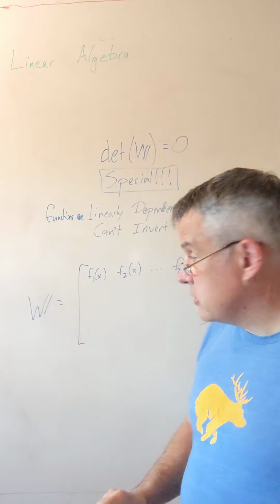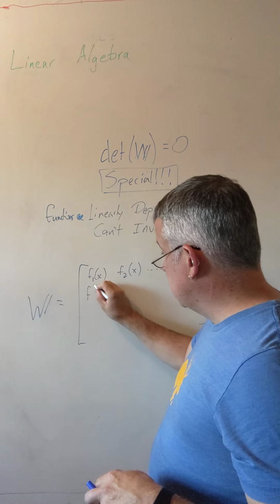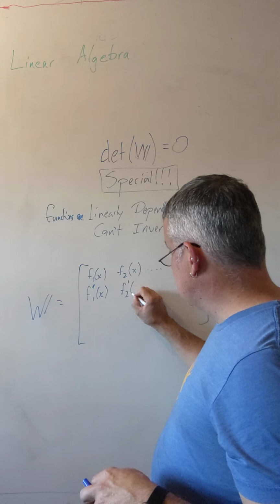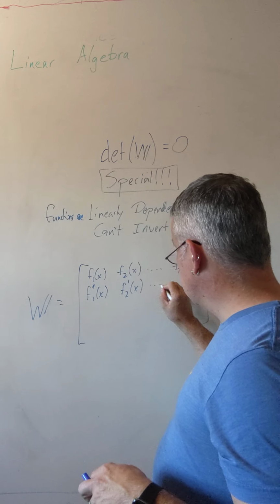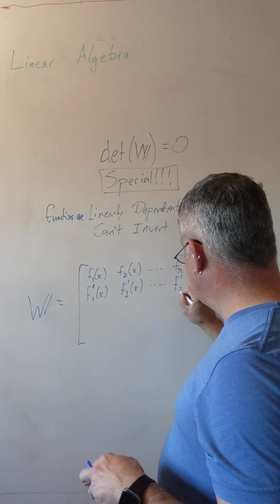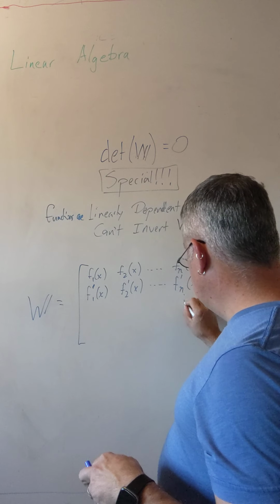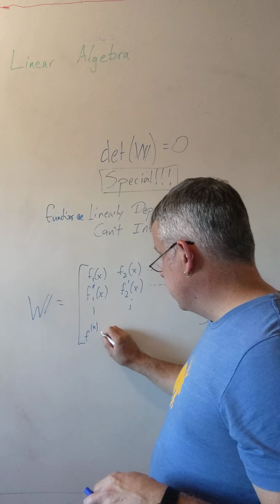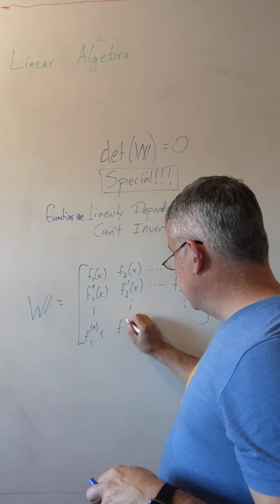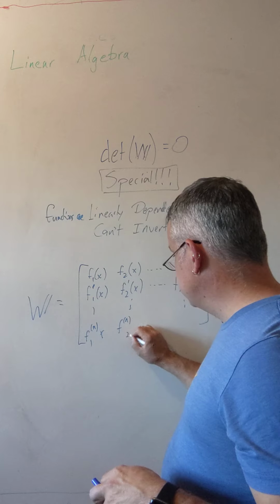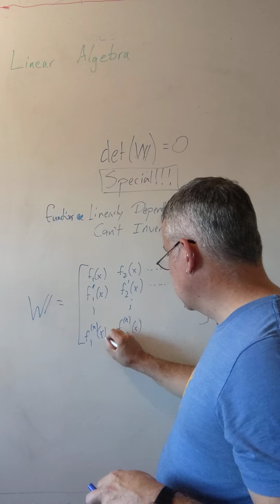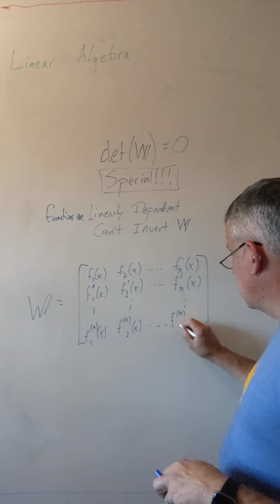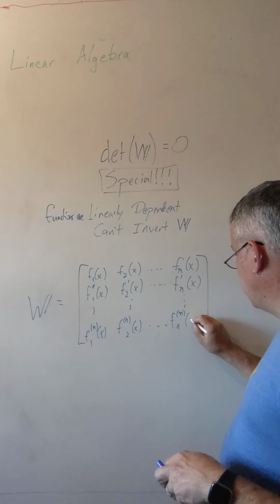And I want to make a square matrix by taking the second row and taking the first derivative of the first function, first derivative of the second function, and so on, first derivative of the nth function, down to the bottom where I'm taking the nth derivative of the first function, the nth derivative of the second function, the nth derivative of the nth function.